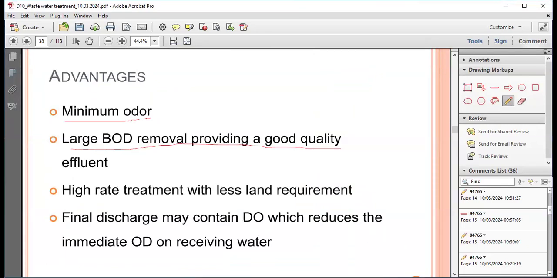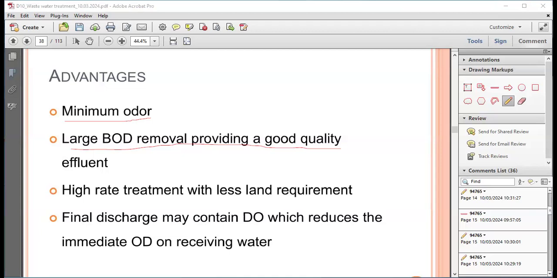What's the meaning of effluent? Quality effluent.